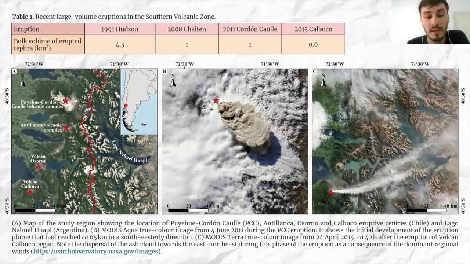These events constitute hazardous processes, as they can damage infrastructure and interrupt road traffic. So understanding these events is relevant for developing efficient mitigation strategies and protecting vulnerable populations.